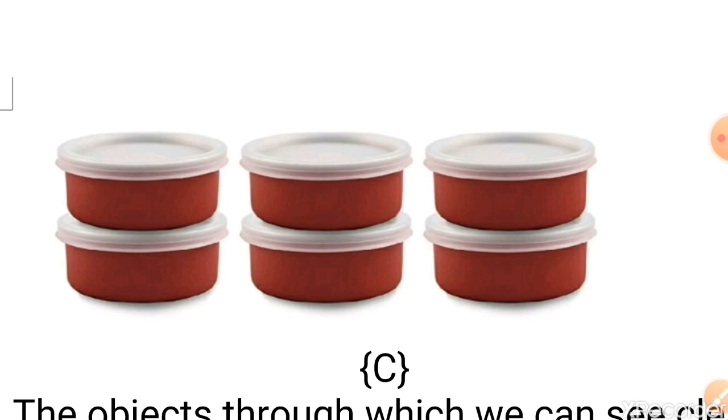So we have seen three pictures and now we can conclude that there are some objects through which we can see clearly. There are some other objects through which we cannot see that clearly, but something is visible. And the third category is of those objects through which we are not able to see anything.